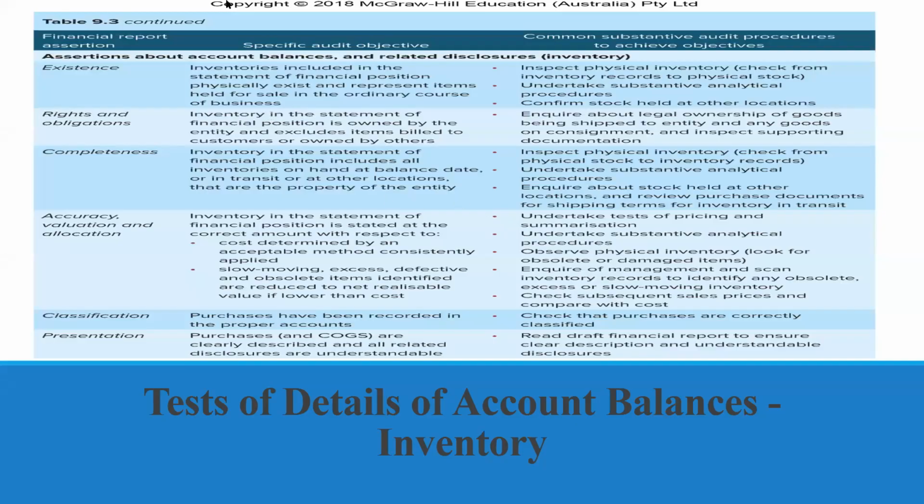Okay, so these are the detailed audit tests for the assertions to inventory as extracted from the textbook. I just put it here for you to review after the class. As I mentioned, for all different blocks of audit, for assertions, there will be standardized auditing procedures.